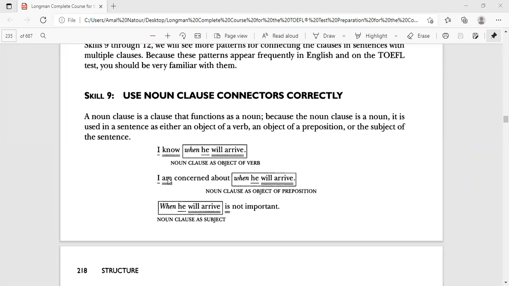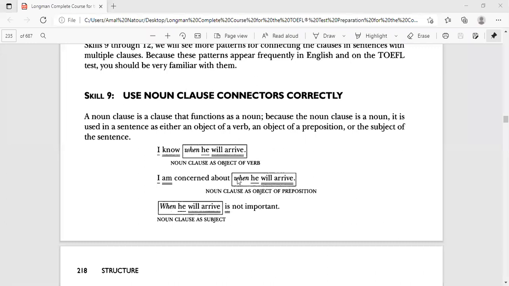Now, if we look at the second example, the 2 clauses are: I'm concerned, this is the subject and verb, about, اللي هي حرف الجر, when he will arrive.